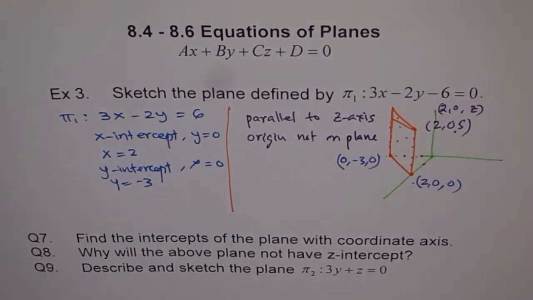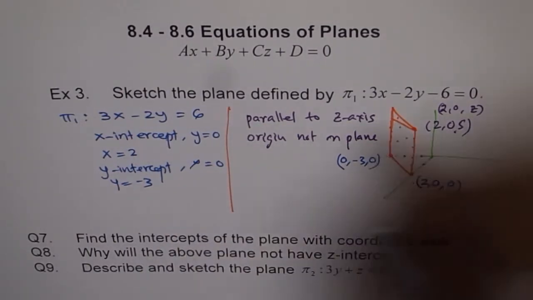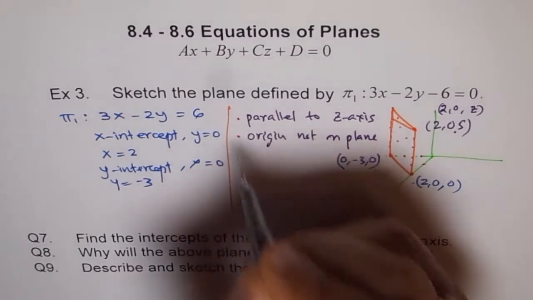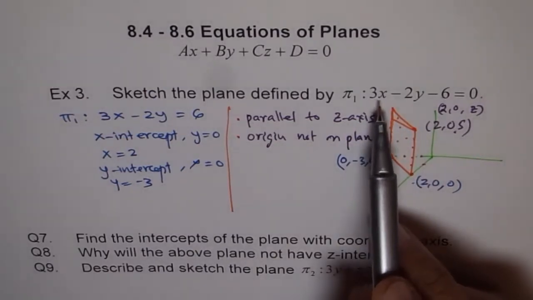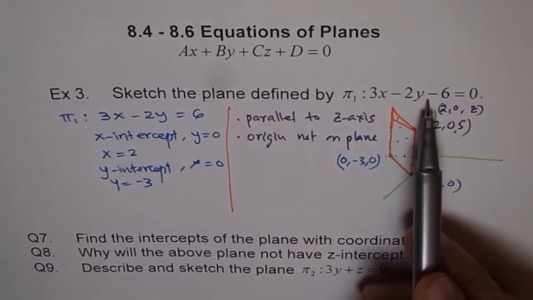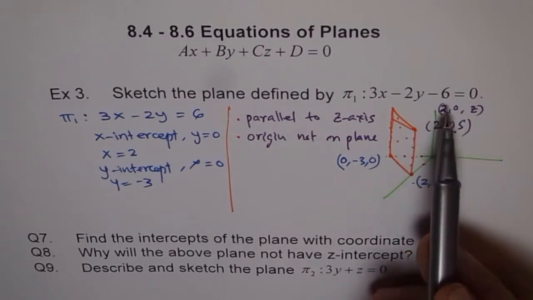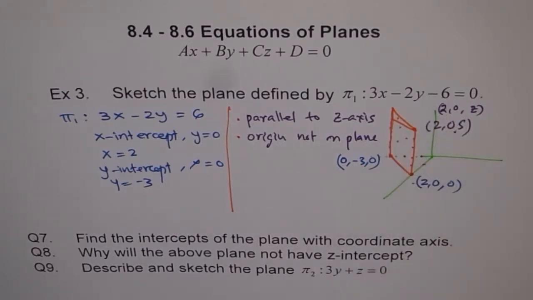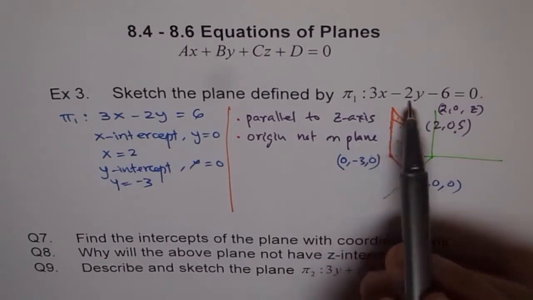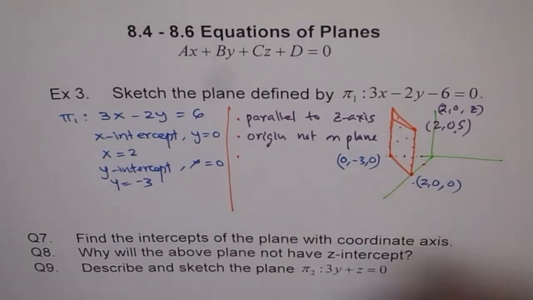Now what else do you see? How is the intersection of the plane with the xy plane? This line 3x minus 2y equals 6 is the line along which the plane intersects the xy plane. So that equation gives you the equation of the line of intersection.